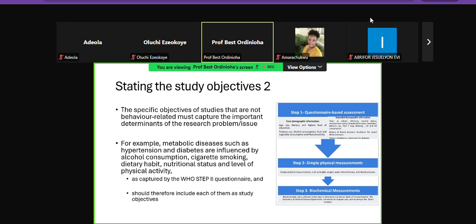You must include physical activity, alcohol consumption, tobacco or cigarette smoking. You must include all those five. You can include them as specific objectives, or you can group them as the risk factors of hypertension or risk factors of diabetes. Those risk factors are mostly these five: dietary habits, BMI, physical activity, alcohol consumption, cigarette smoking. Okay.